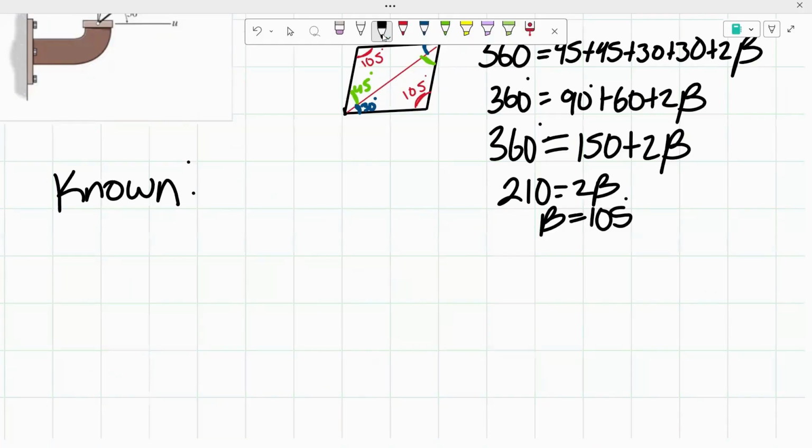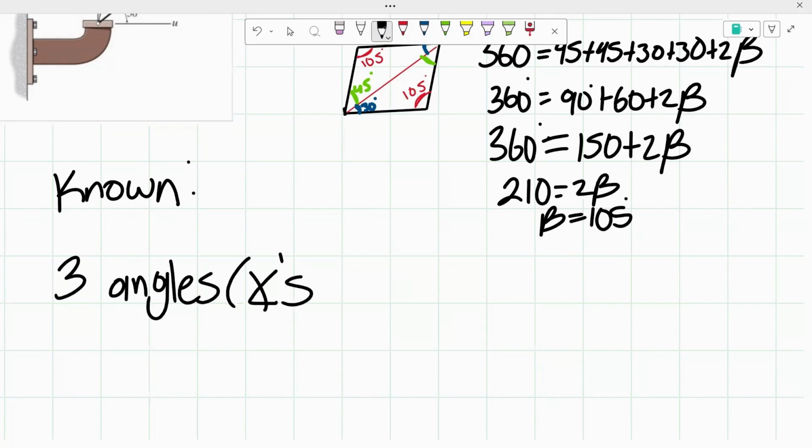We know 3 angles, as we solved for earlier. And what else do we know? We have one known side, which is our resultant force. So we have 3 angles and one side.